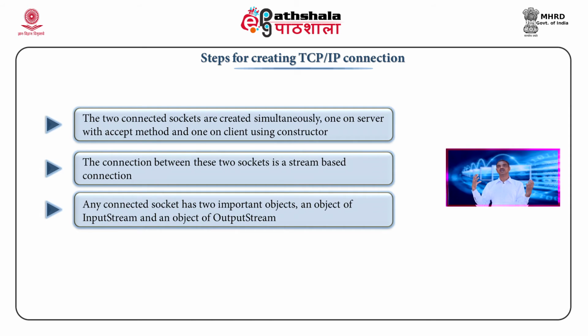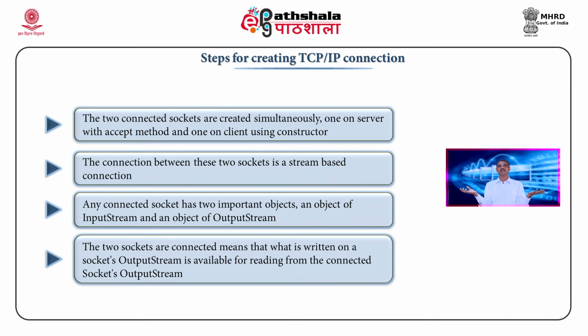There was an input stream and output stream on the server side, which were getting created as part of a socket, and these are cross connected. This is similar to a phone, right. What you speak on your speaker is available for listening on the receiver at the other end, and whatever he puts on the speaker of the other side is available for listening on the client side. So, this is how networking is easily achieved in Java.